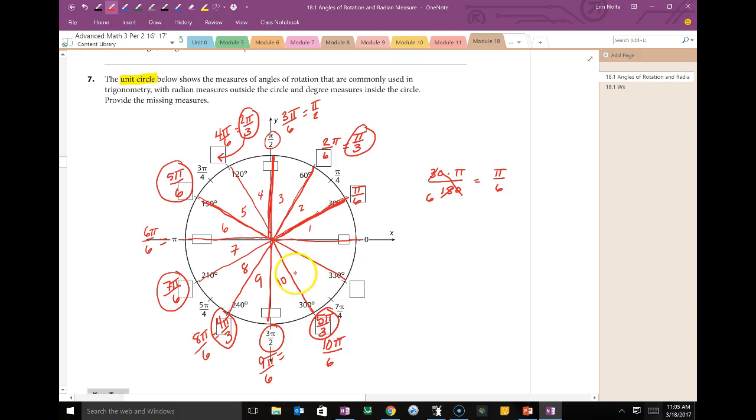Keep going. 11. Now we're at 11 pi out of 6. Cannot reduce. And all the way around the circle, 12 pi out of 6 becomes 2 pi. So 0 degrees, which is also equivalent to 360 degrees, is 2 pi.